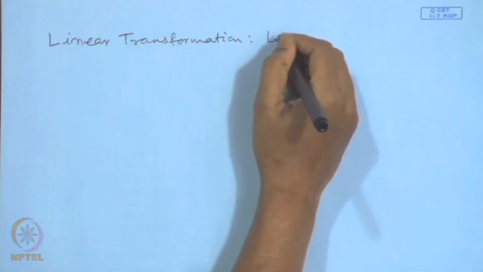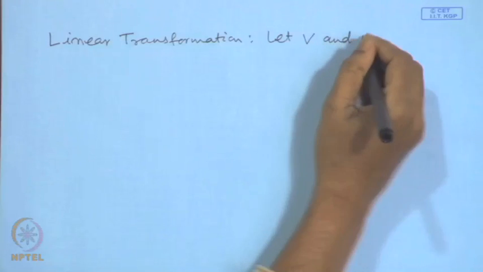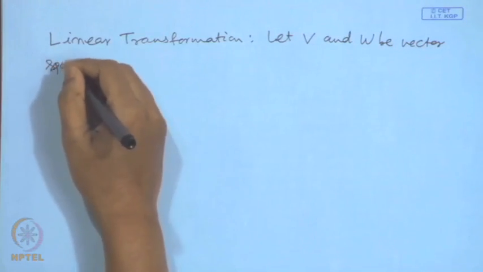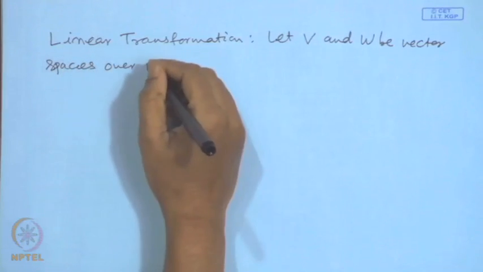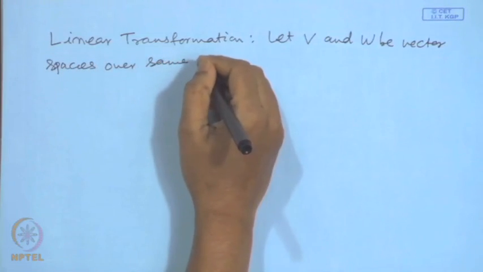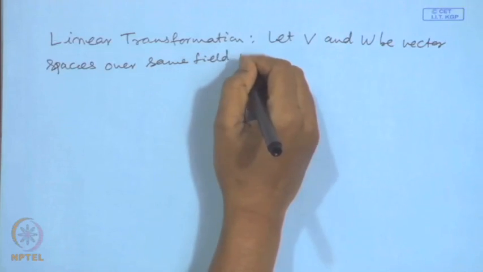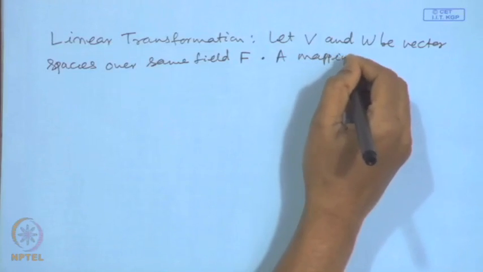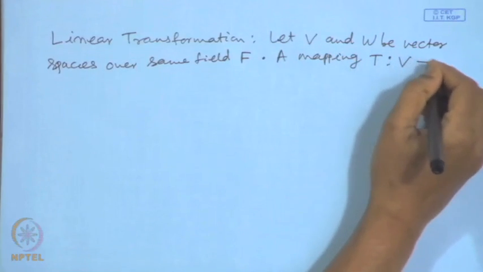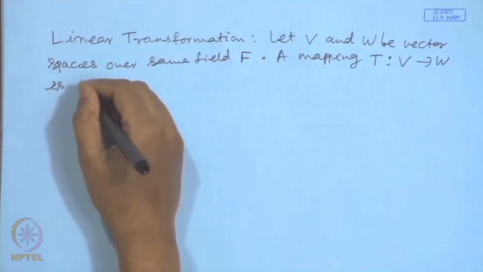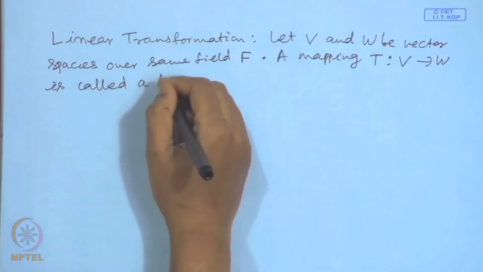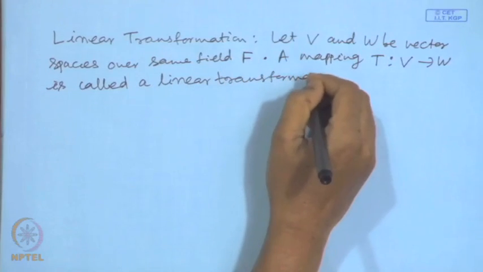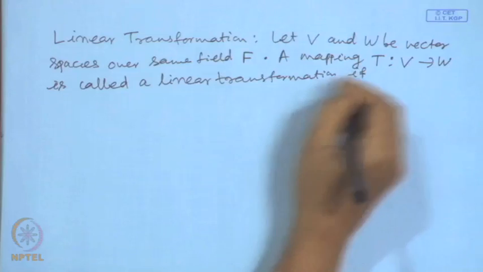So, let V and W be vector spaces over the same field F. A mapping T from V to W is called a linear transformation if the following hold.